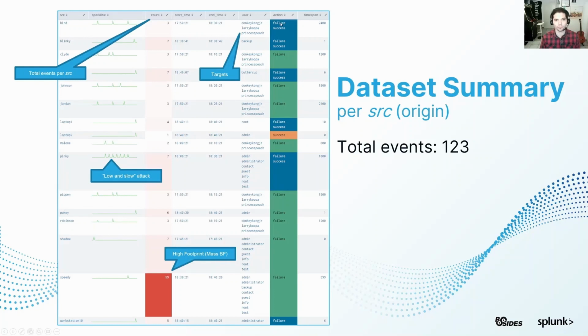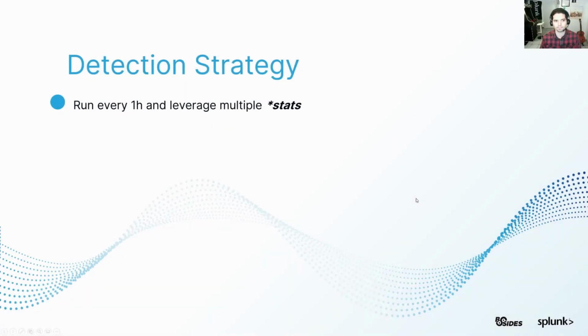And of course, multiple different combinations of the outcome, right? The action can be failure or success following the common information model. So what's the detection strategy? How can we basically pinpoint all those different attack types from the data set?